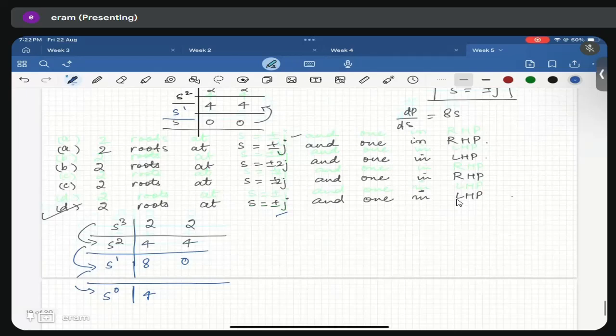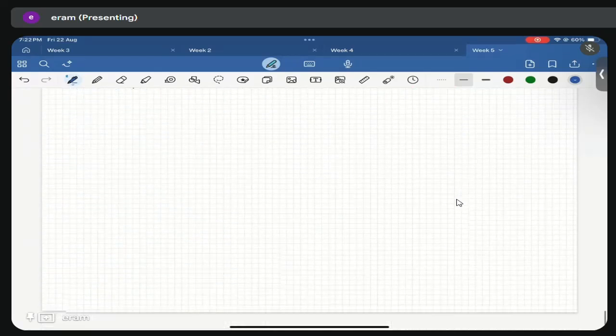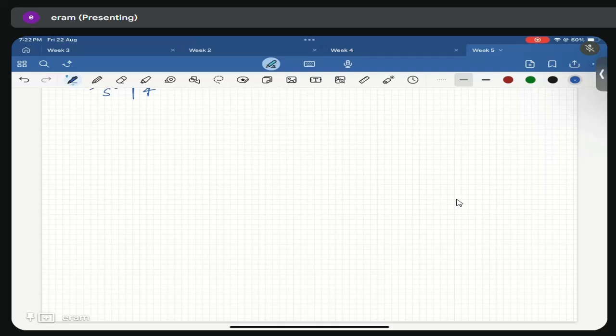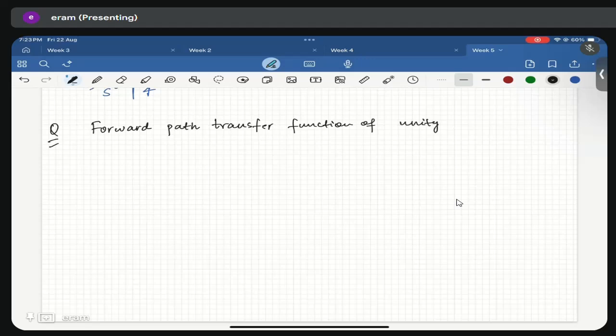We can solve one more question. We are given the forward path transfer function of a unity negative feedback system.